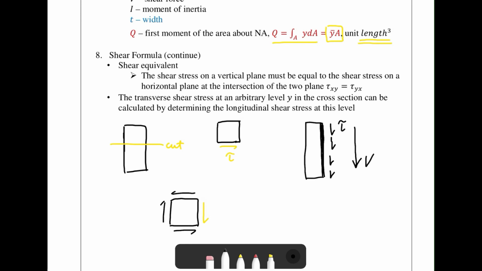So we are going to do a similar thing here. We found that, yes, we only found the tau on the cutting plane. However, because the shear here is equal head by head, that's why we can plot our shear stress distribution like this.